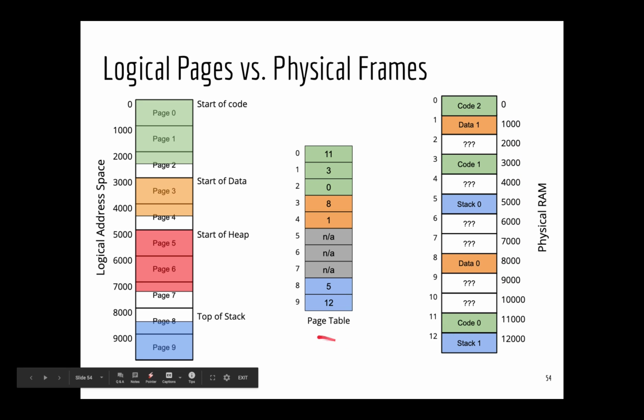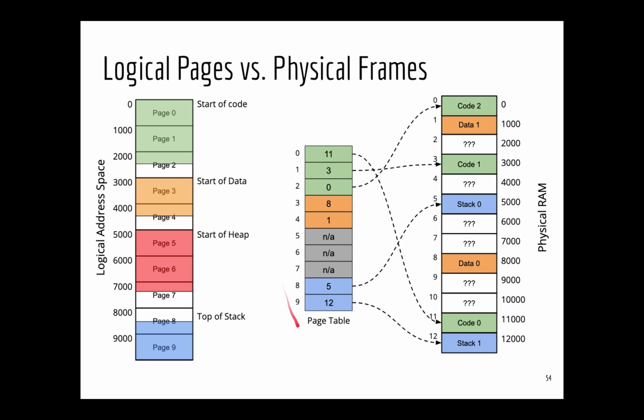This is when the numbers in the page table becomes important. So what does this page table tell us? In our logical space, we have 10 pages for our process. That's why you see 10 entries in our page table. So the number of entries in our page table is always the same as the number of pages used by our process.